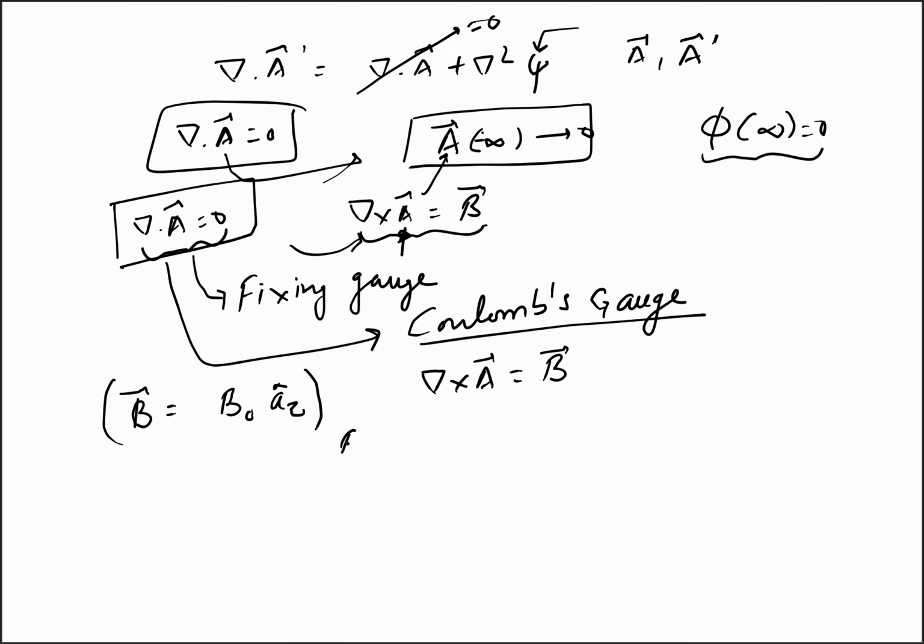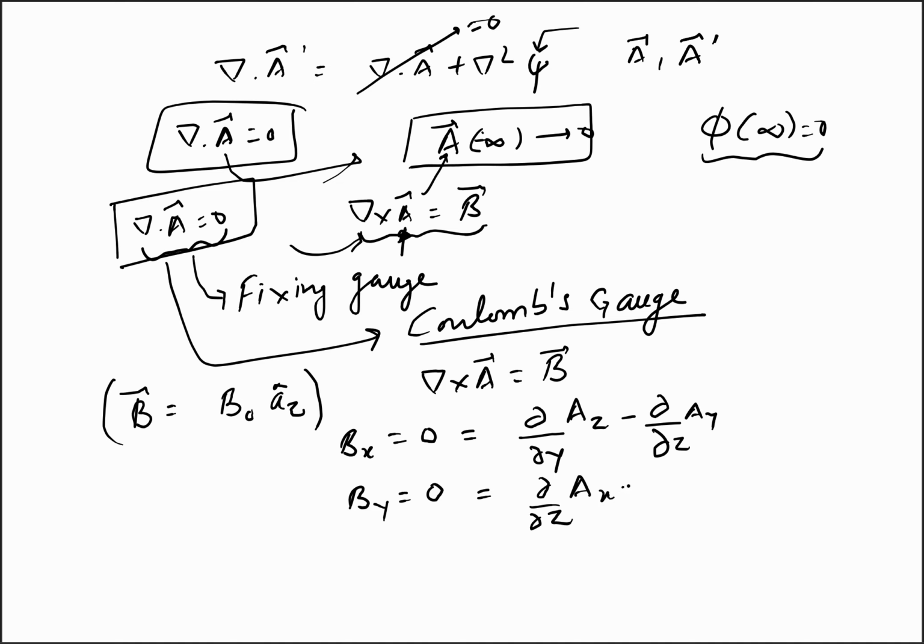So you see that Bx, that is the x component of this field, is equal to 0, which is equal to dou by dou y of Az minus dou by dou z of Ay. And By is again equal to 0, that is the y component is equal to 0, which is dou by dou z of Ax minus dou by dou x of Az.